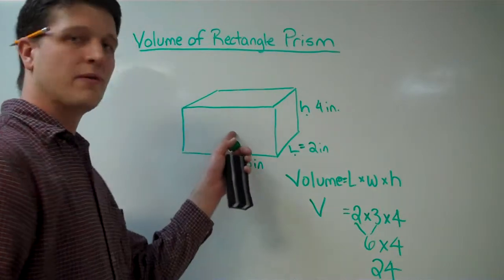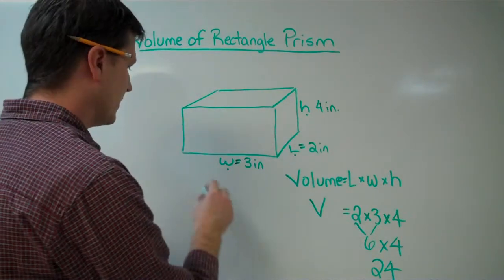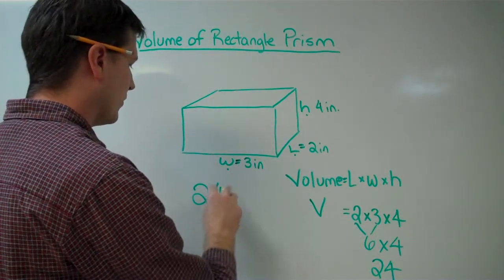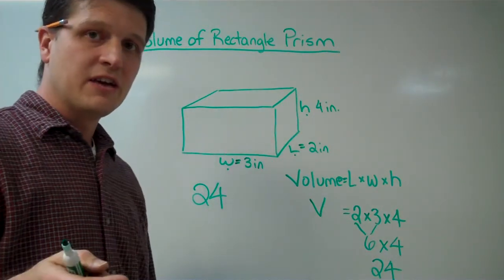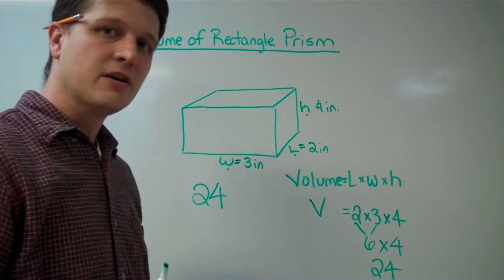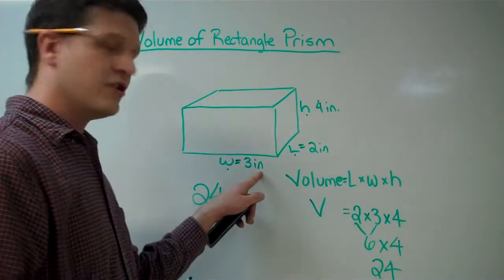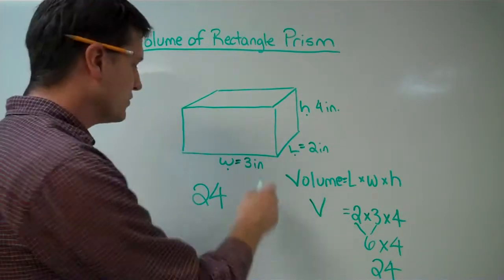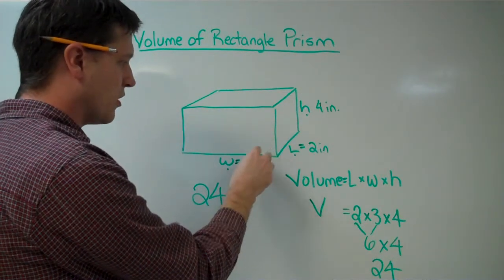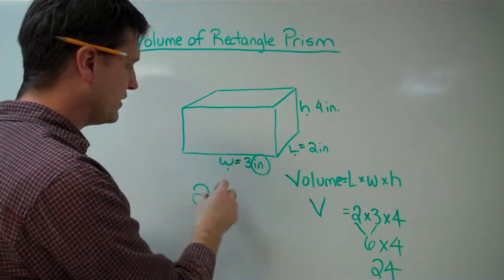So the volume of our rectangular prism is 24, but we've got to remember what our units are. In our lesson over area, we had to put the units along with the number. It's the same thing for volume. The units we're using are inches, so we're going to put inches next to our 24.